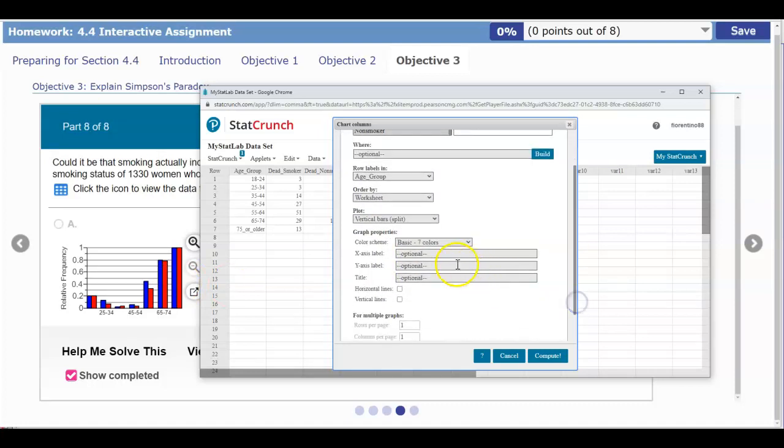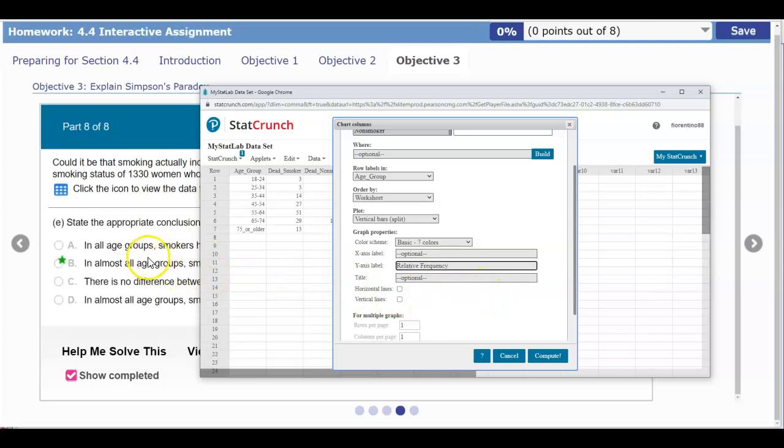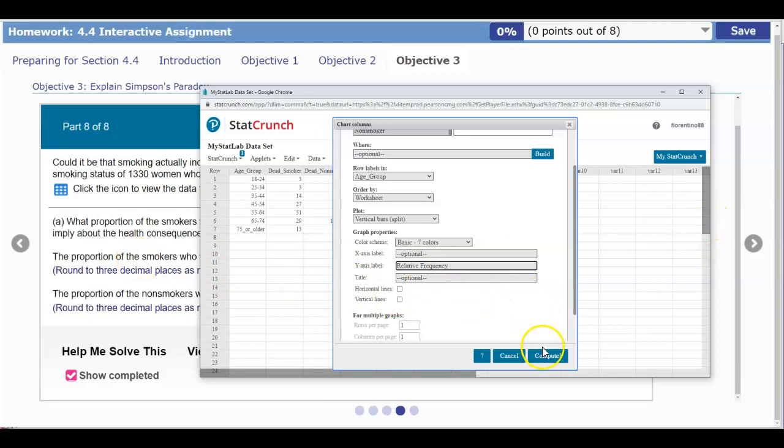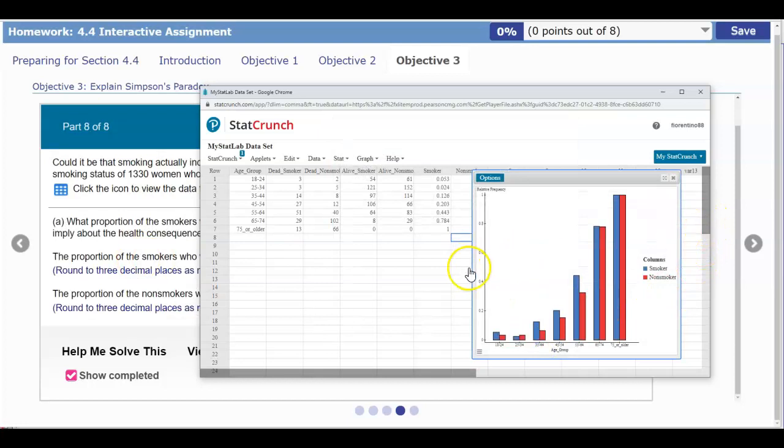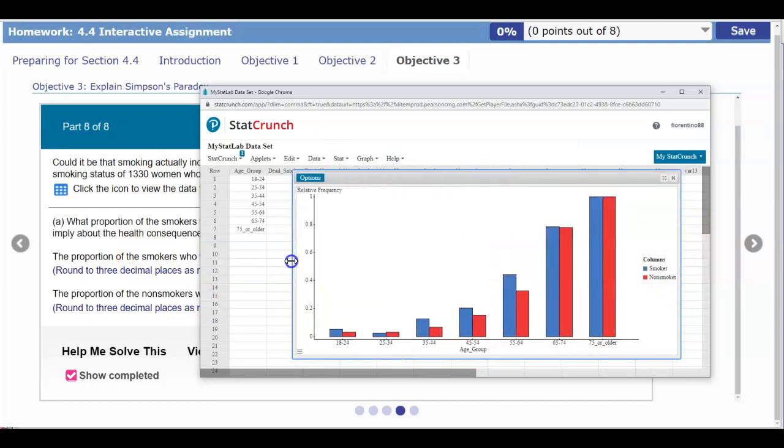We know that the y-axis is the relative frequency. So let's go ahead and compute, and then compare our bar graph with our possibilities.